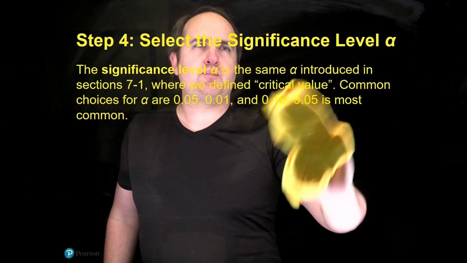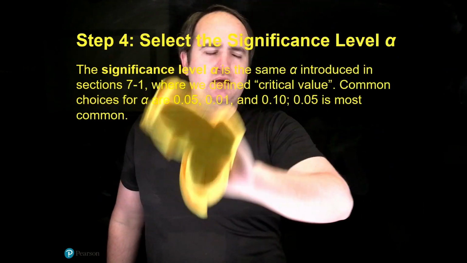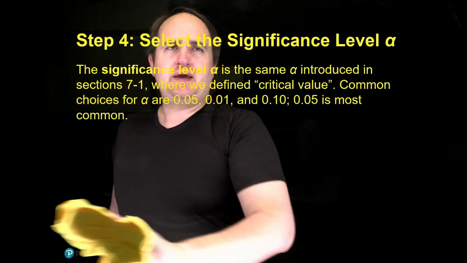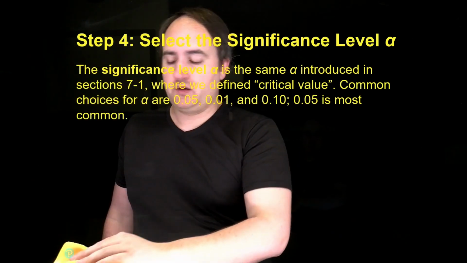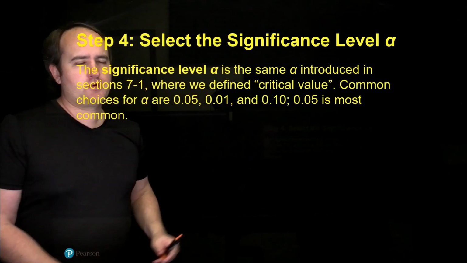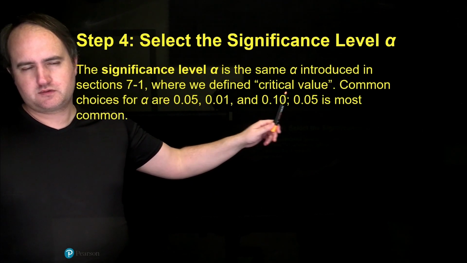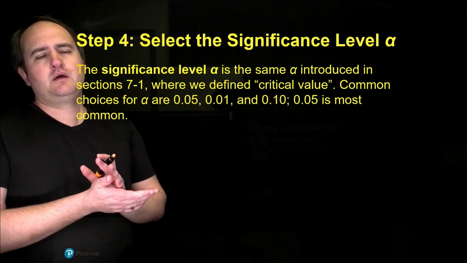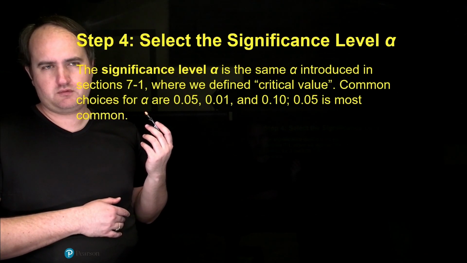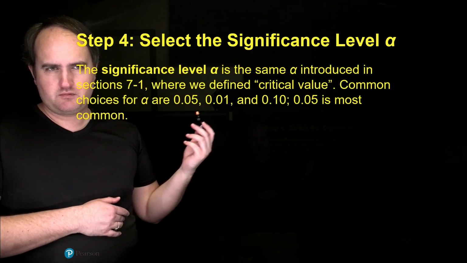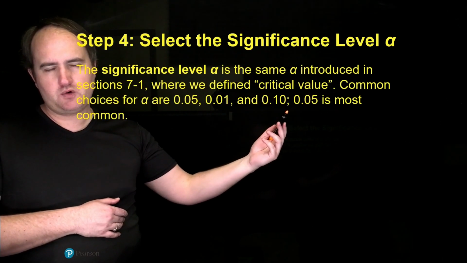But I just wanted to point out that you can always calculate it, and it's the same as the alpha that we talked about in section 7.1 in the previous chapter when we were talking about critical values. And then the common choices for alpha, which is the significance level, are 0.05, 0.01, and 0.10.